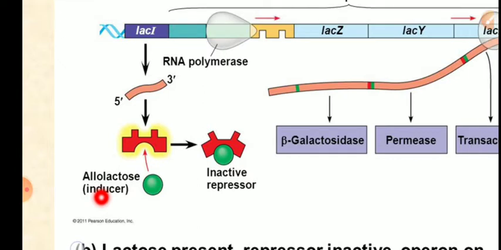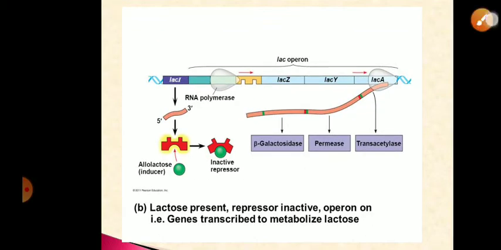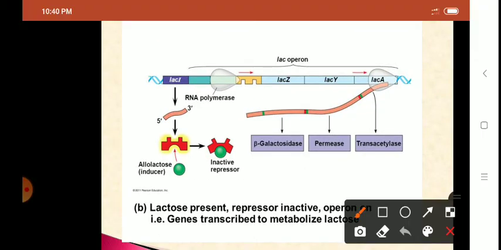It joins the active repressor and brings about conformational change in the active repressor protein, which cannot bind the operator gene. Is that clear? So active repressor is converted into inactive repressor by binding of inducer molecule. So this cannot bind to the operator gene.